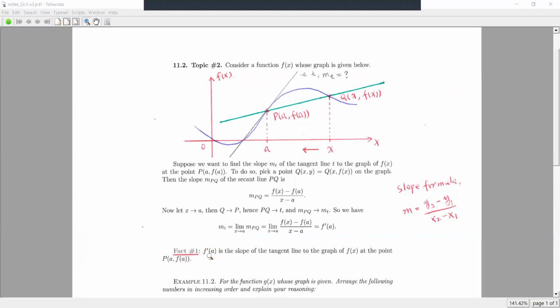The derivative of function f at the point A is the slope of the tangent line to the graph of the function at the point P. This point has x-coordinate A, y-coordinate the function value at A.